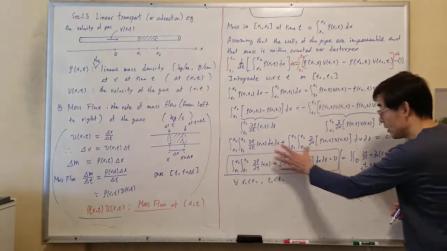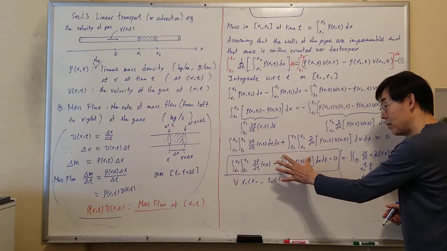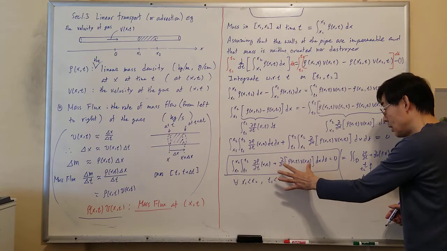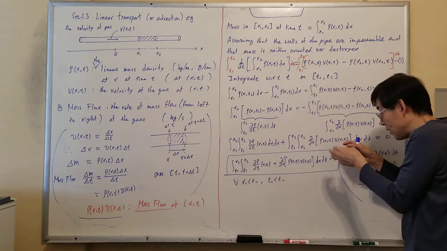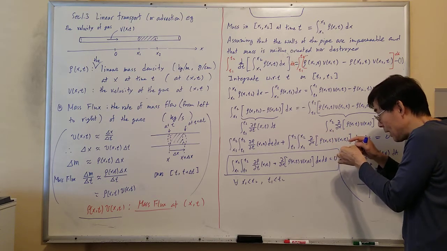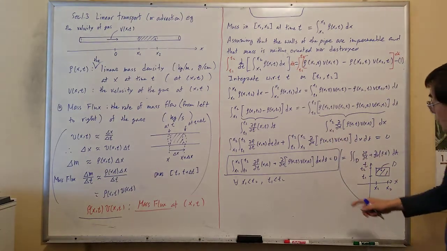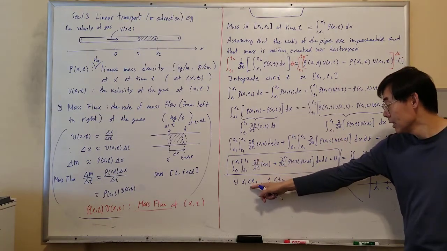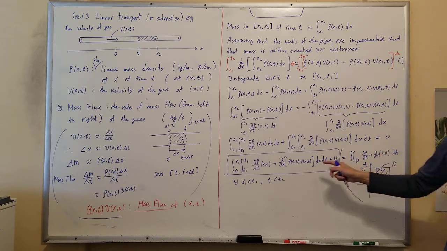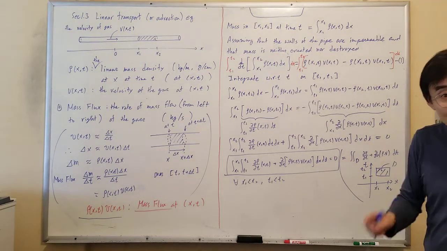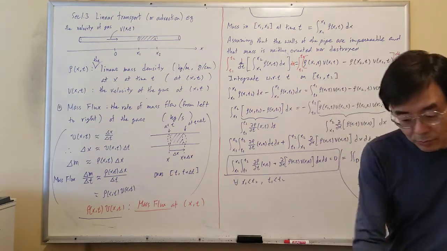Otherwise, if the inside function is continuous and not 0 at a certain place, then over a very small region, that definitely will be some non-zero value, right? So this is true for every rectangular region, meaning the inside function must be 0 everywhere. So we can conclude that.